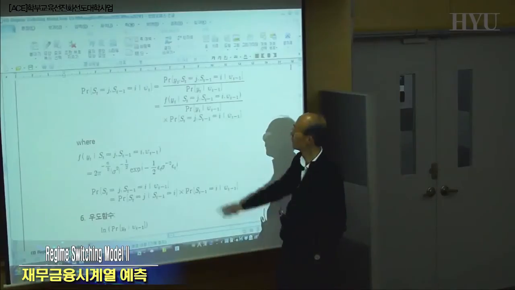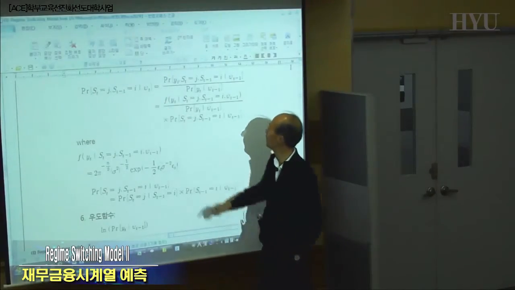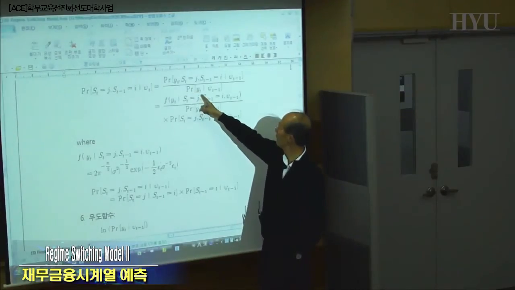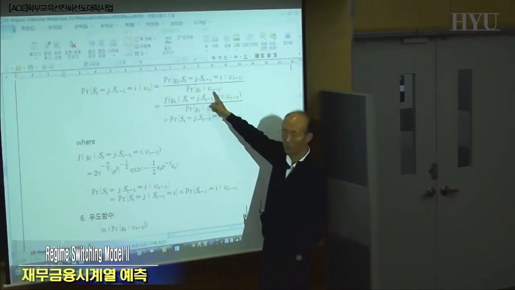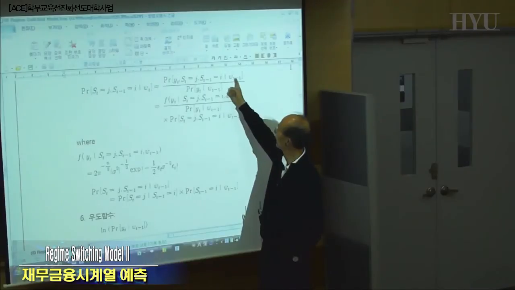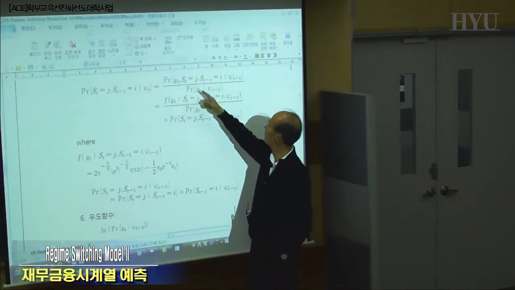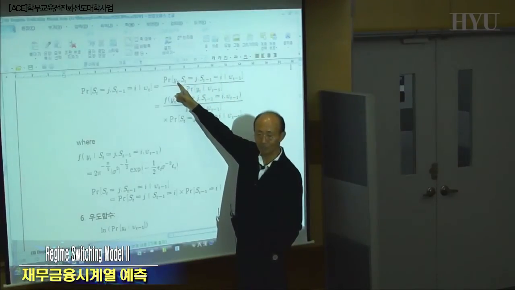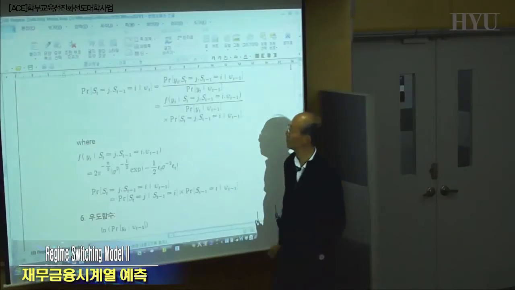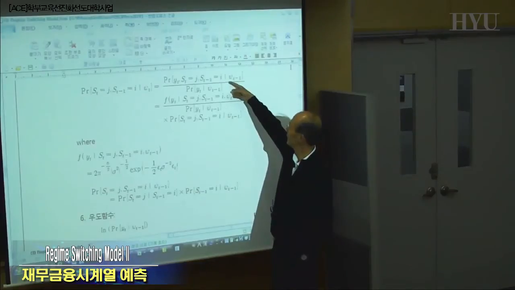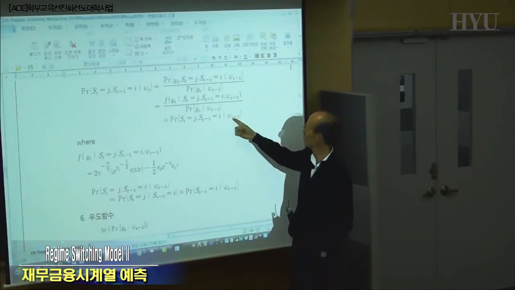And then how to calculate this one? Well, in this way. Here, the probability of Y conditional on the information set, and the same information set on the right-hand side, and the joint probability of observing the state and the data. But if you look at this part, it would be much easier to understand.